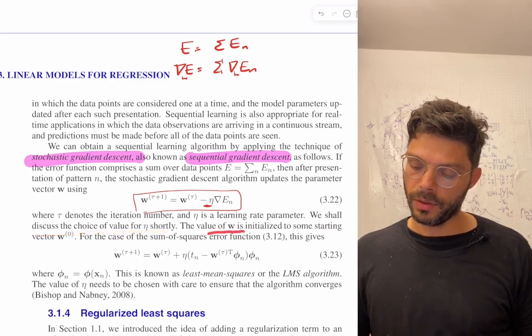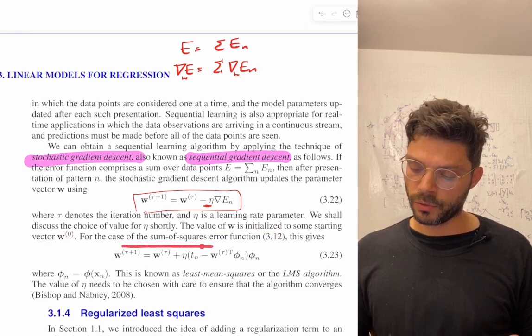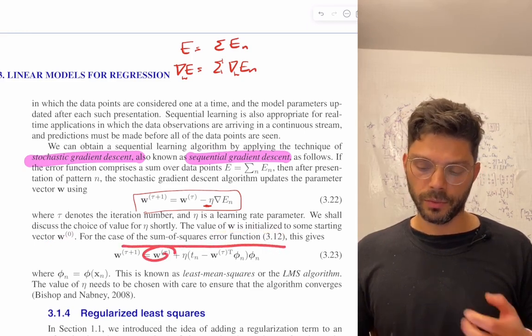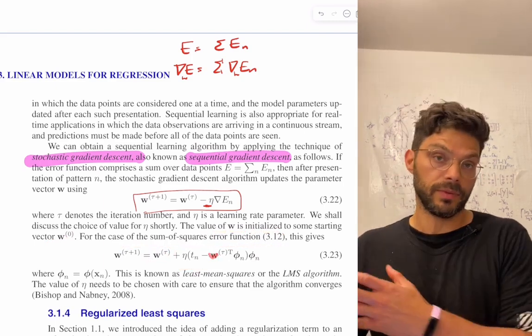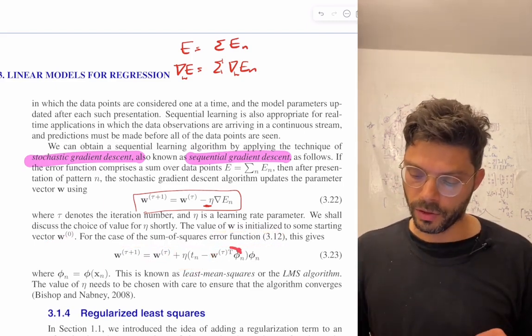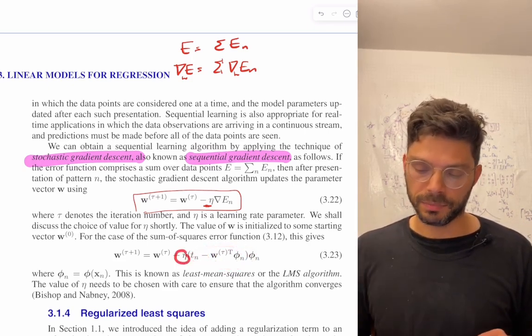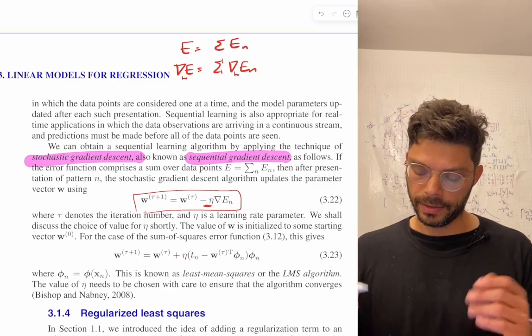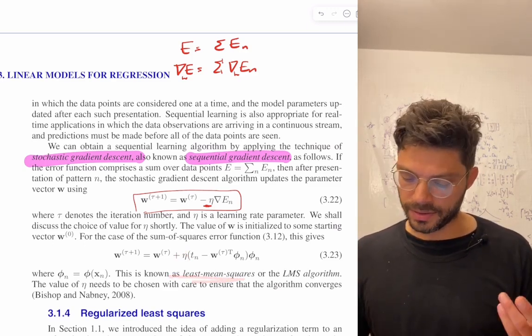The value of w is initialized to some starting vector w naught. And for the case of the sum of squares error function, we just plug in the gradient. Notice that we use the current value of the weights to compute the fit to the newest data point, multiplied by the learning rate, and continue. So this is known as least mean squares, or the LMS algorithm.